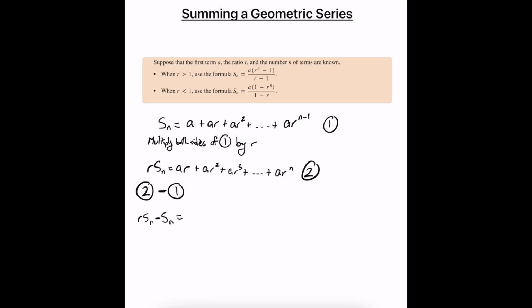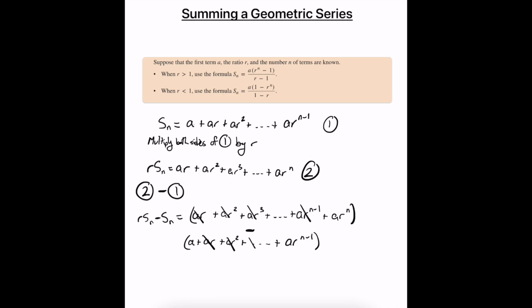And if we take equation 2, which is ar plus ar squared plus ar cubed plus all the way up until ar to the power of n minus 1 plus ar to the n, and then subtract that by equation 1, which is a plus ar plus ar squared plus all the way up until ar to the power of n minus 1, what we'll be able to see is that when we subtract these terms, ar cancels with the ar here, ar squared cancels with the ar squared there, and ar cubed will cancel with an ar cubed somewhere in there.